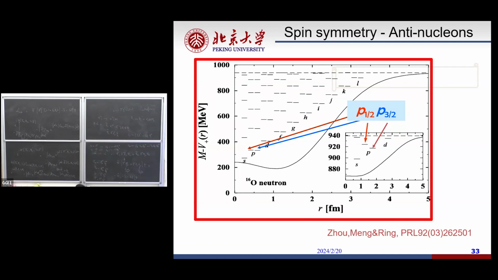But then what about we put in anti-lambda? If we put in anti-lambda, we have something similar to this figure. So it's quite interesting. And at least we could prove how the Dirac sea looks like in the nucleus.